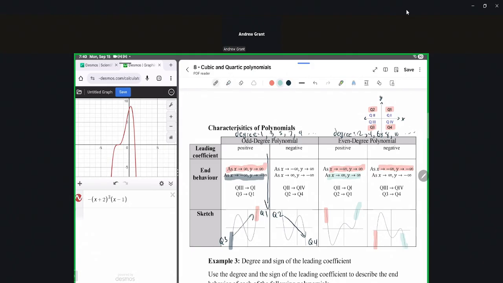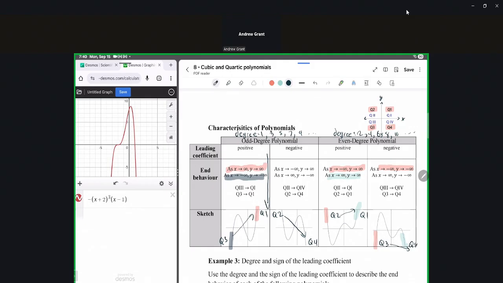Again, that's clunky notation. What's easier to state is that if it's an even degree polynomial with a positive leading coefficient, then it has end behavior of quadrant 2 to quadrant 1. And if it's an even degree with a negative leading coefficient, that means we go from quadrant 3 to quadrant 4.